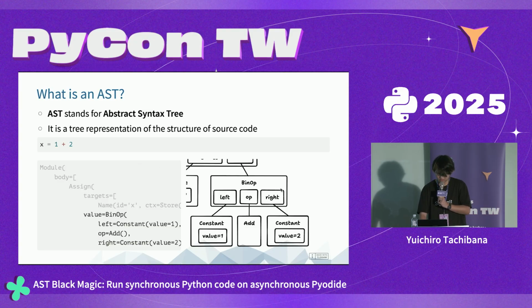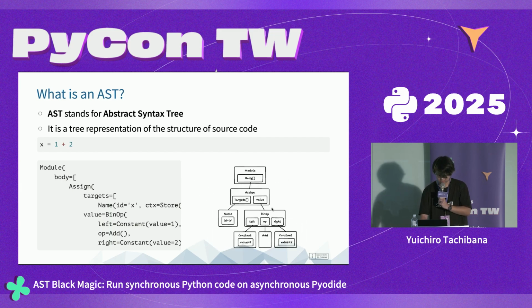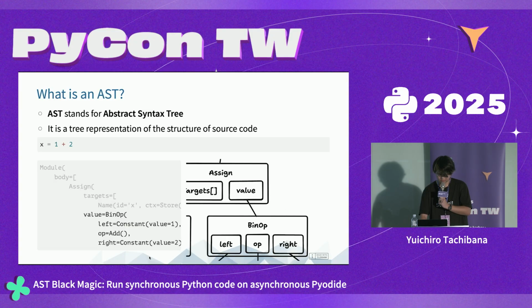The BinOp node has attributes left, right, and op respectively, and in our case left is a Constant value 1, right is Constant value 2, and the operator is Add, representing this mathematical equation.